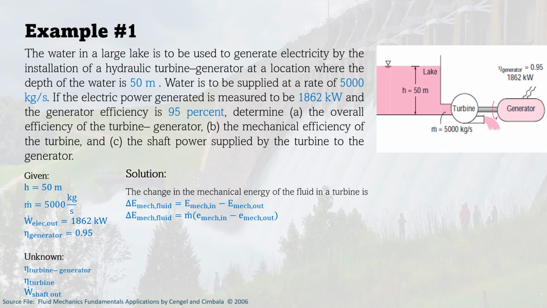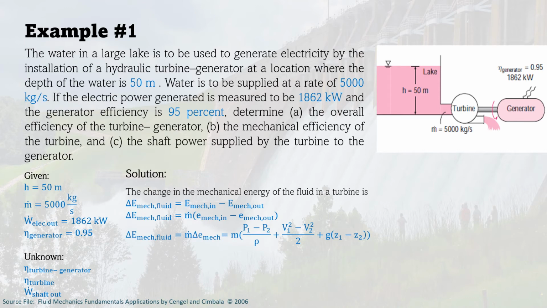So in mass flow rate form, we can write that in this way. The small letter means it's in a unit of kilojoules per kilogram. When we multiply it with kilogram per second, we get kilojoules per second or kilowatt.